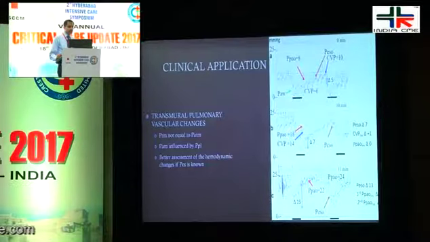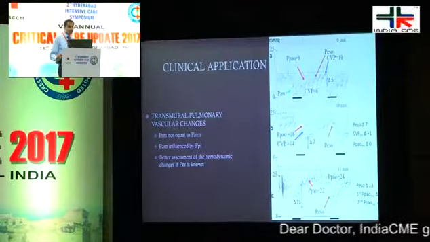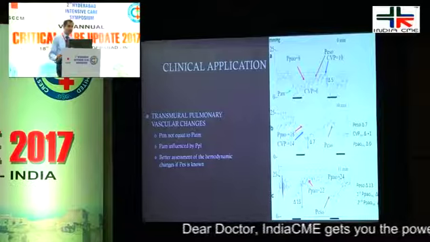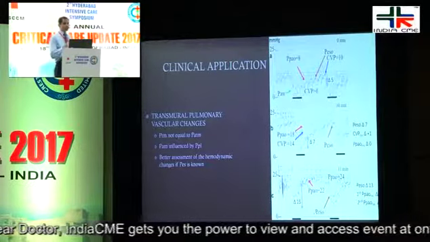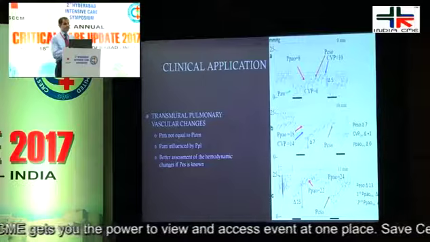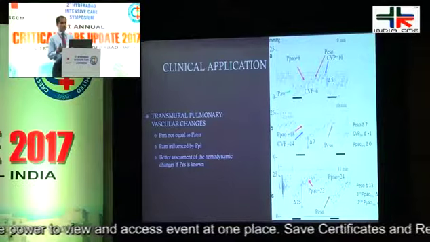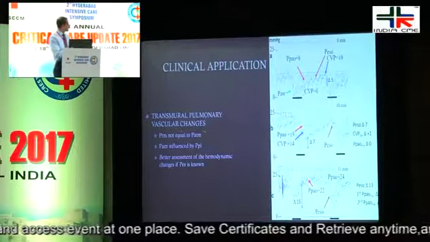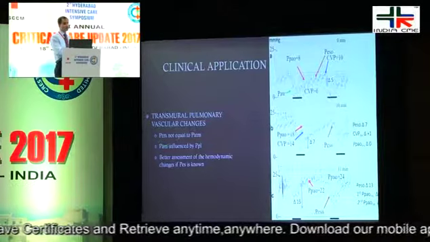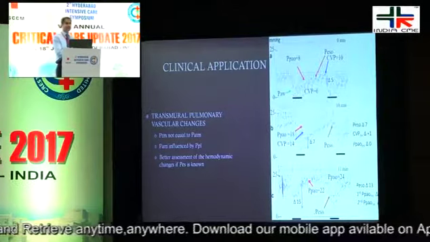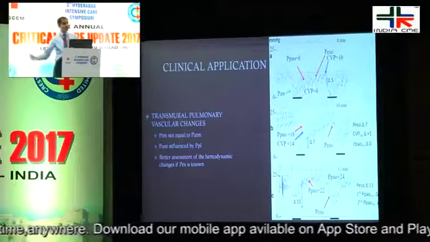The second clinical application of relevance is what is called transmural pulmonary vascular changes. Now when we talk about the pulmonary vasculature and the gradient across the pulmonary vascular wall, we are talking about PTM, or the transmural vessel gradient from within the vessel to intrapleural.